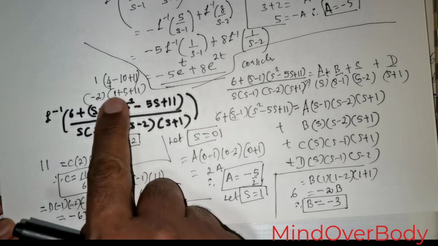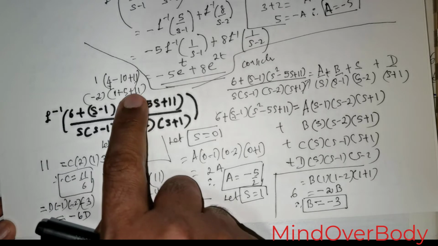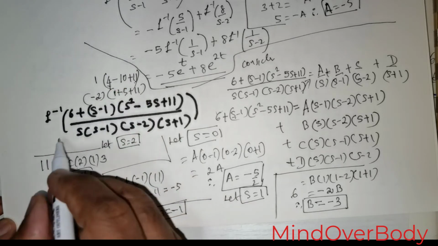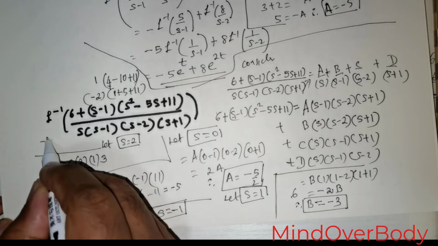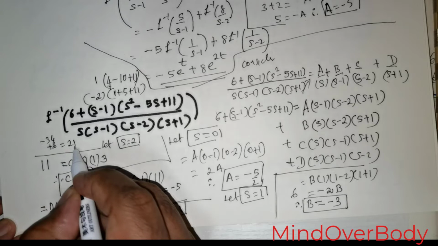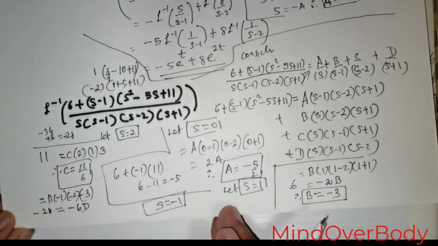5 added with 1 will give me 6. 6 added with 11 gives me 17 times 2, -34. So I have a -34 added with a +6, that's going to give me 28 with a negative sign. So I get a -28.